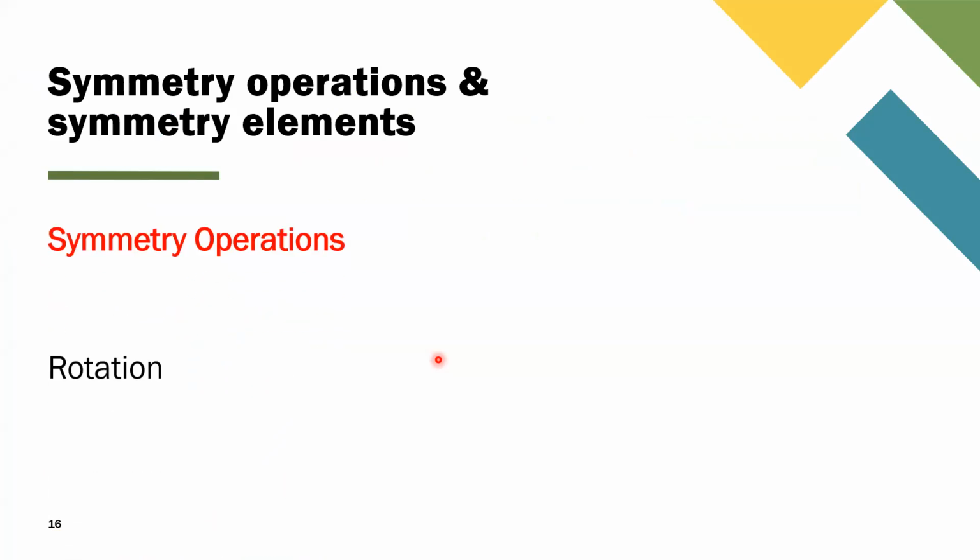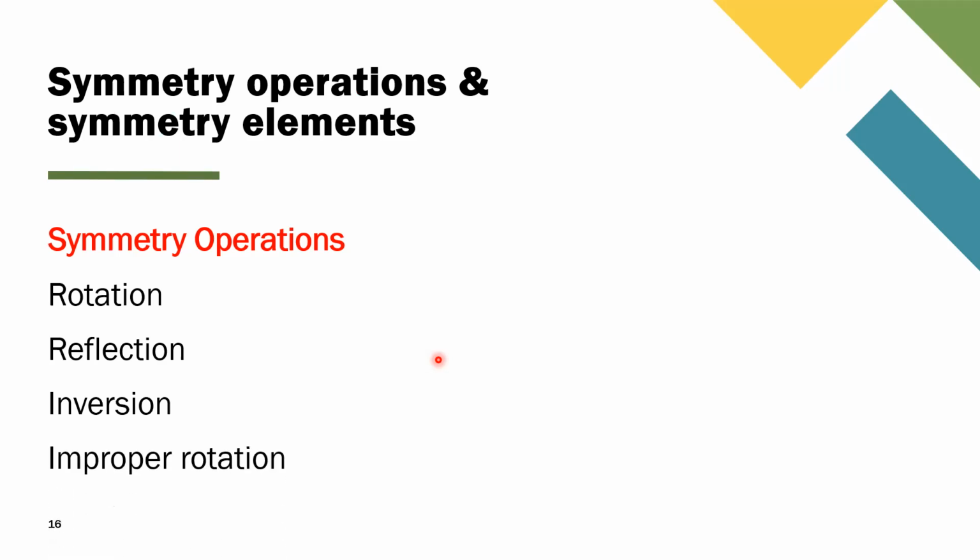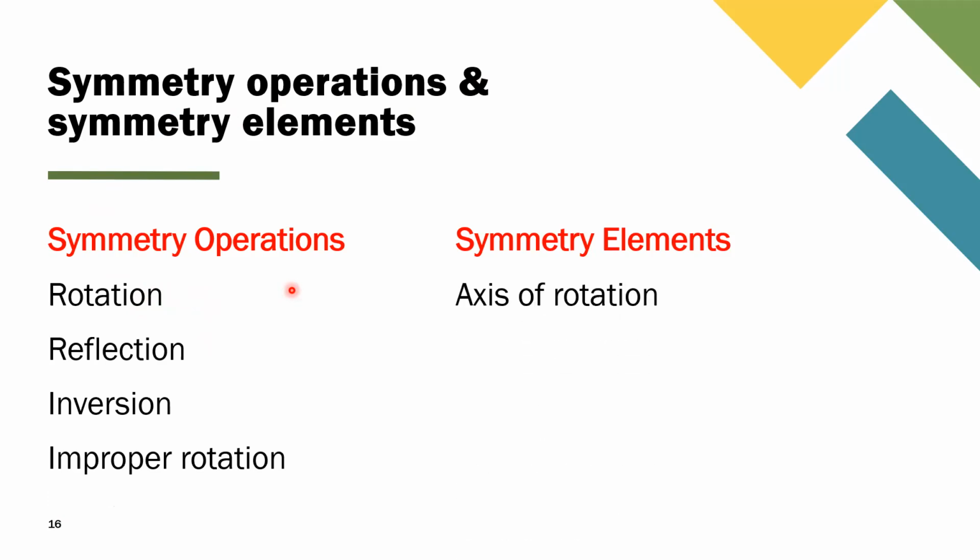Now, there are several symmetry operations. We have to learn rotation, which we have already seen, then reflection, inversion, and improper rotation. The first one is in certain books also called proper rotation, right? The symmetry elements corresponding to these operations are termed in different ways.